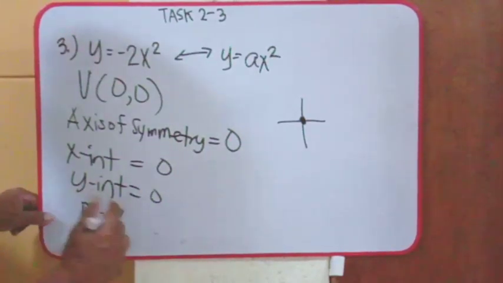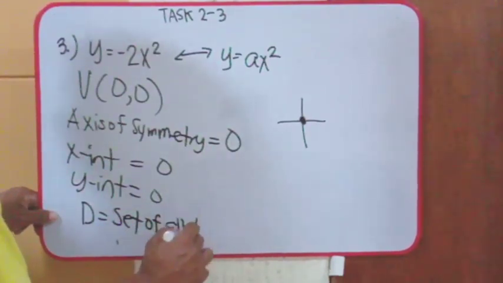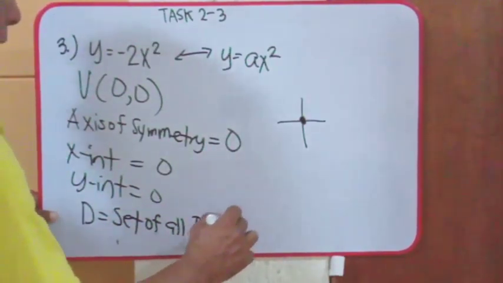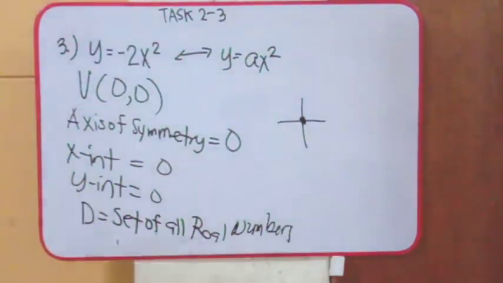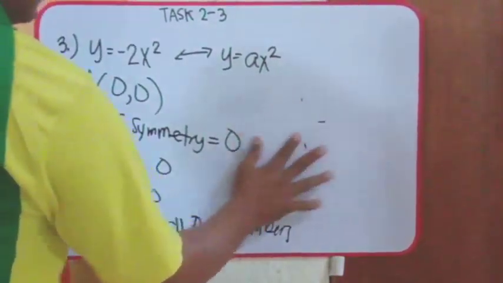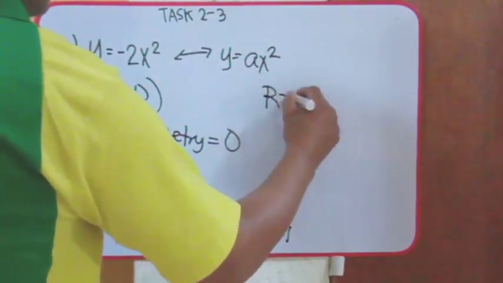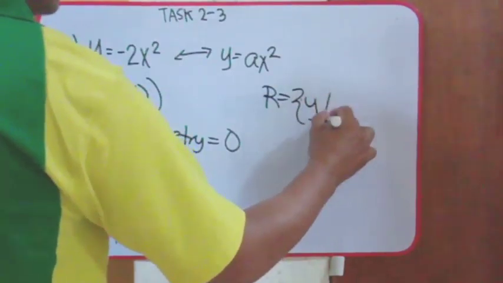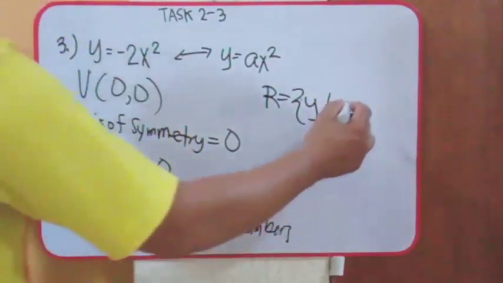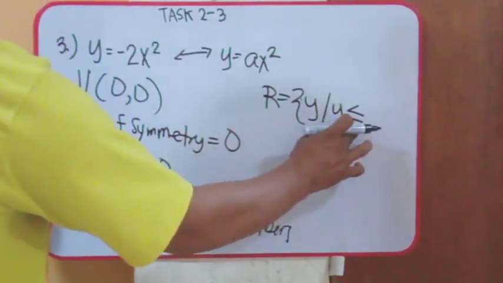So, the domain is the set of all real numbers. Next. Ano pa? The range. Ano yung range natin? Okay? So, ang range natin is y such that y is less than or equal to 0. Bakit less than or equal?